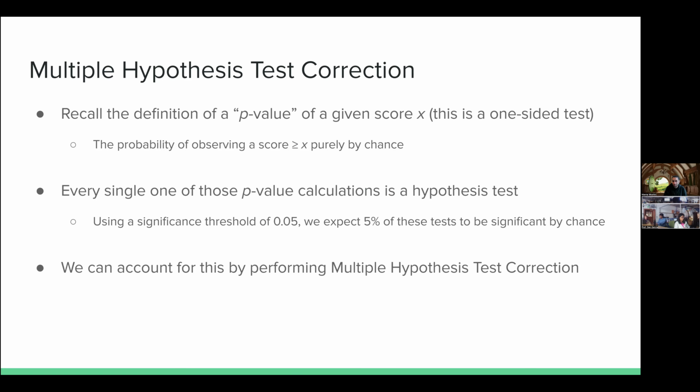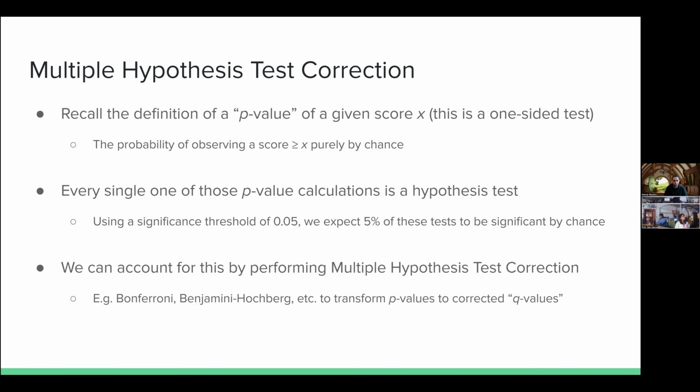So we can account for this by performing multiple hypothesis test correction, which is a way of controlling for the false discovery rate, or controlling for these spurious significant results that we would expect just because we're doing a bunch of hypothesis tests on the same exact data set. This is a very well-studied field.